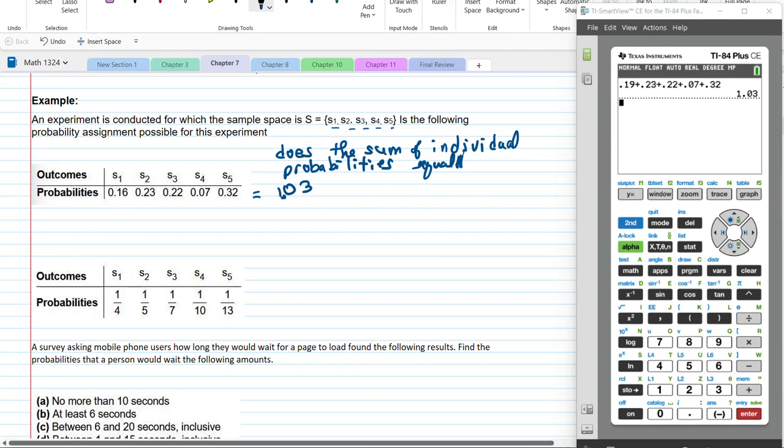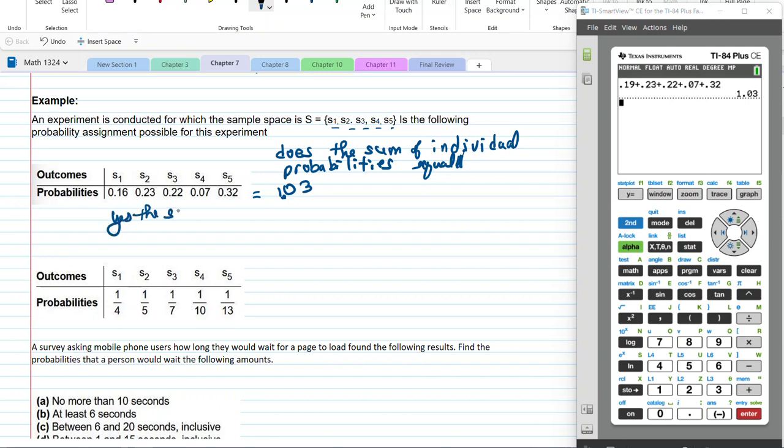This is very small, this part here. And they're asking if this is a possible probability assignment for the experiment. Yes.